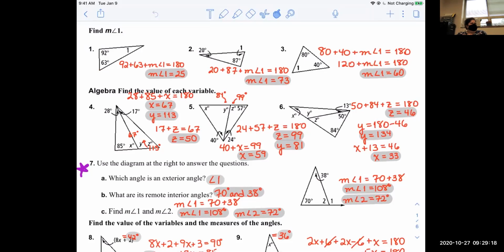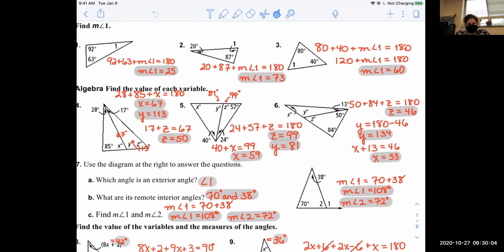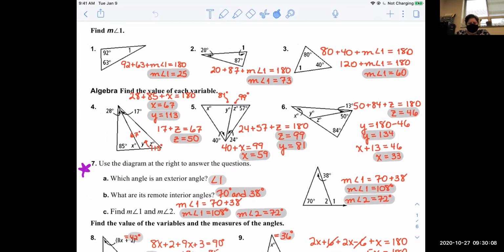It's called like 3.5 practice G modified plus problems, something like that. Questions on any of those?